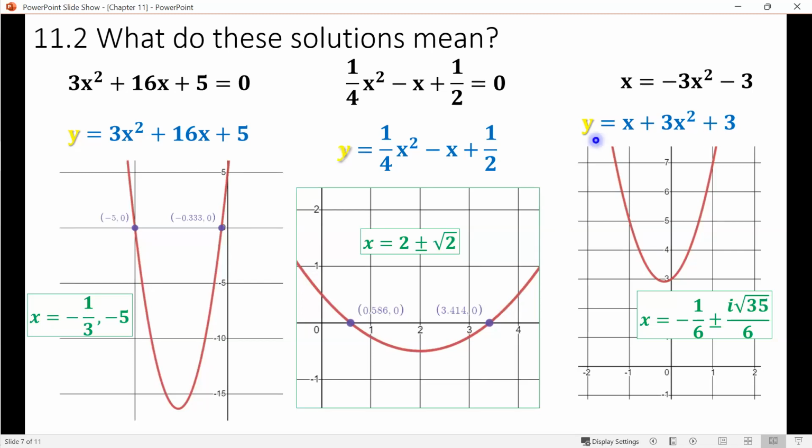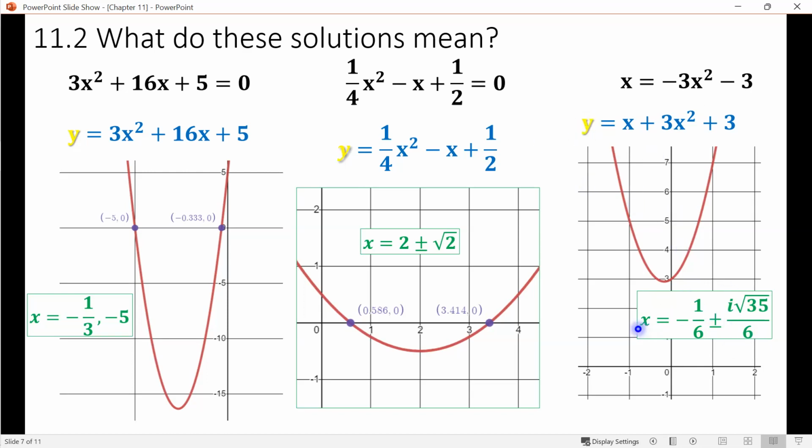Now, in our third example, as you recall, we had complex numbers as our solutions. They were both complex because they had this i. This graph never crosses the x-axis. It has no x-intercept, meaning there is no real value for x when our equation equals 0.